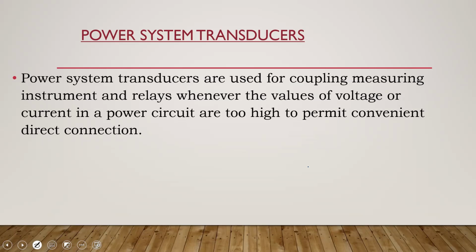And note, your power system transducers are used for measuring, so in terms of metering, you may need CTs because you can't put the 200 amperes through the meter. So you have CTs, and then the output of those CTs goes to the meter.